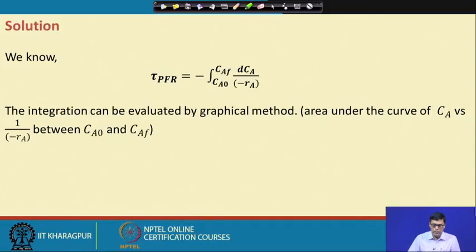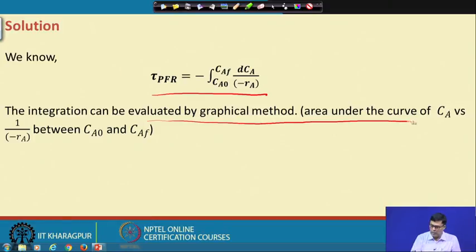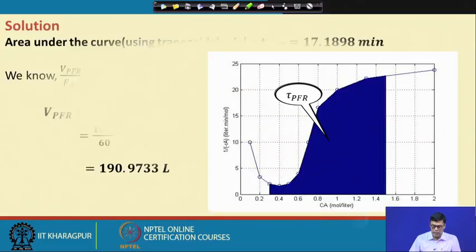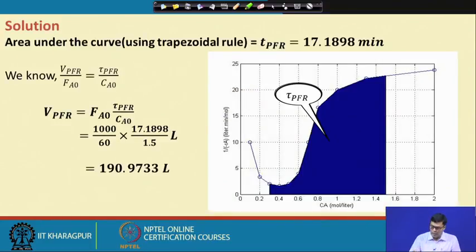Now the equation for tau of the plug flow reactor is the same as for your batch reactor. The integration can be evaluated graphically as the area under the curve of CA versus 1 by r, from CA0 to CAF. Now this is the curve that we have.